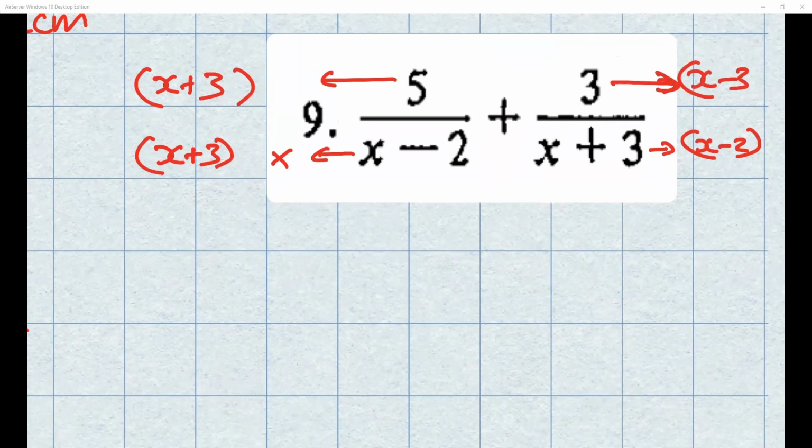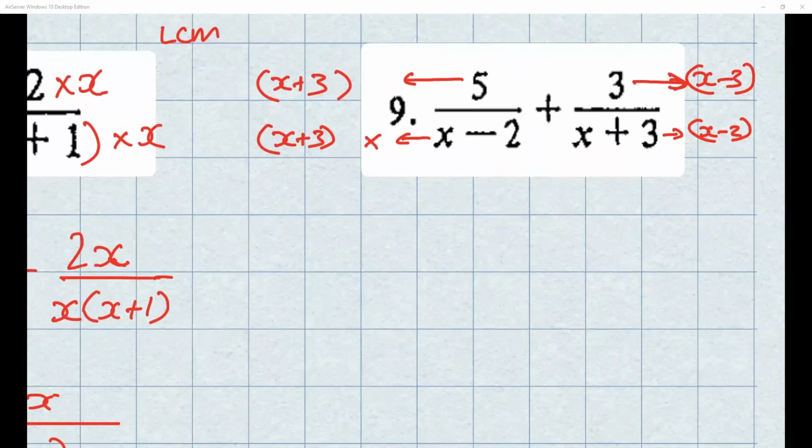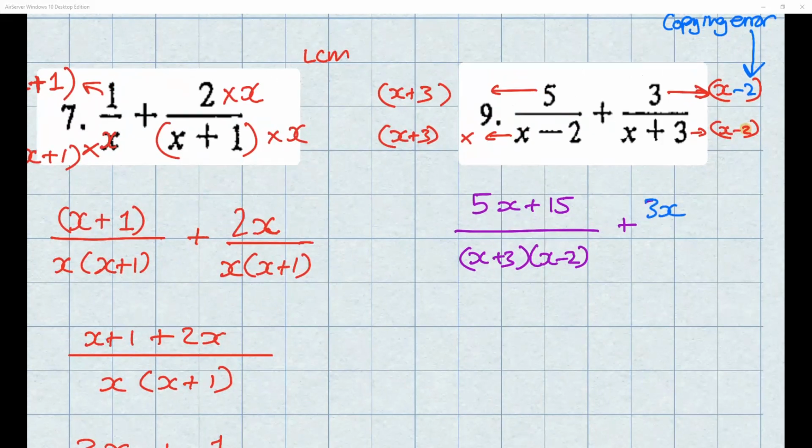Okay, lovely. Now, 3 times by minus 2 is minus 6, and the bottom stays the same. Let's double check that. x minus 2, yes, lovely. 3x minus 6. And then we add the top number.